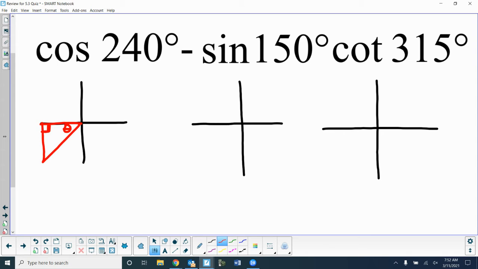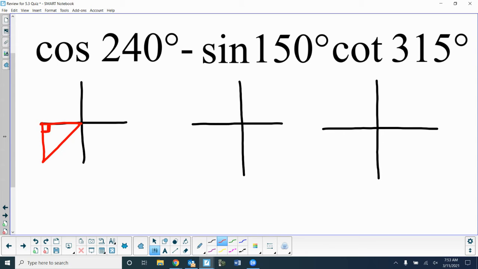Now, since it's 240, I don't really need to put theta. I can put the actual degree measure. What's 240 minus 180? We'll erase that theta and we'll put the number. That's a 60, right?